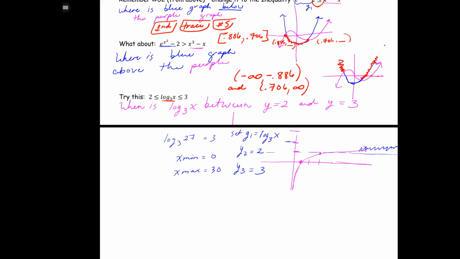I'm looking for where the function is in between 2 and 3. So on your calculator, you're going to have a horizontal line of 2 and a horizontal line of 3. And you'll see the graph in between these two values. So what x values is it in between those two values? You'll see the answer being between 9 and 27. Okay, that's it.